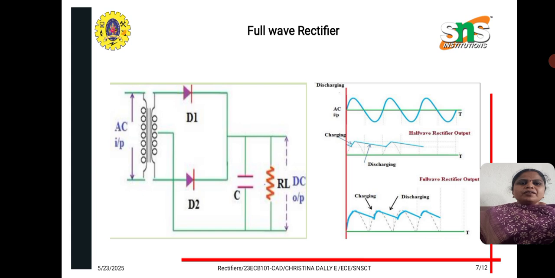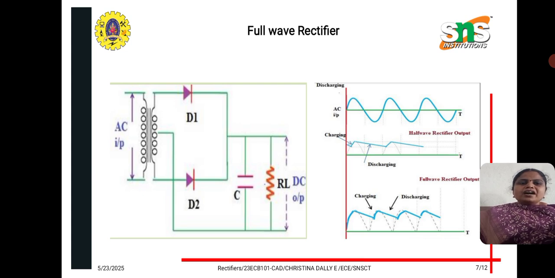Here we have two diodes, D1 and D2, and here we are going to see the charging and discharging conditions of the rectifiers, so that we have the output waveform of the half wave as well as the full wave.